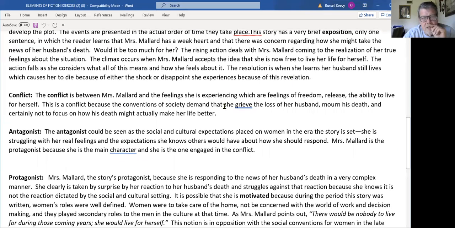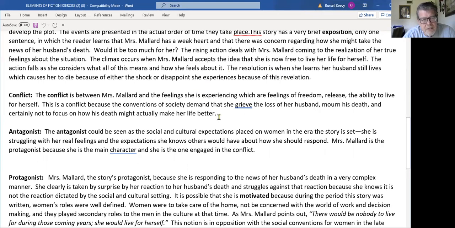So the resolution is when she learns her husband still lives, which causes her to die because of either shock or disappointment she experiences because of this revelation. It's like the doctors say, she died of the joy that kills. Well, that's kind of ironic, and we'll talk about that as we go along.